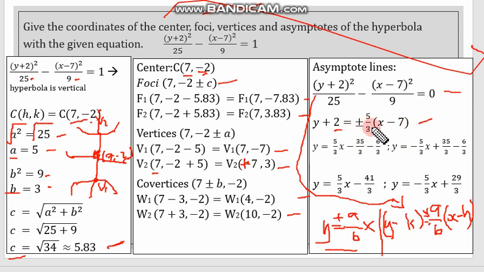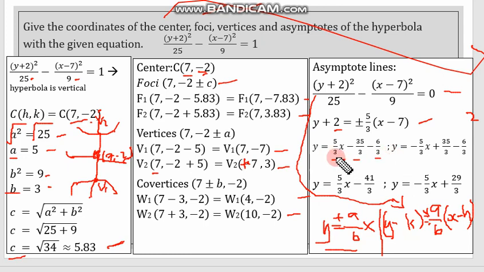Starting on the right, 5 over 3 times x is 5 over 3 x, and 5 over 3 times negative 7 is negative 35 over 3. Then we transpose the 2 to the right, so it becomes negative 2.